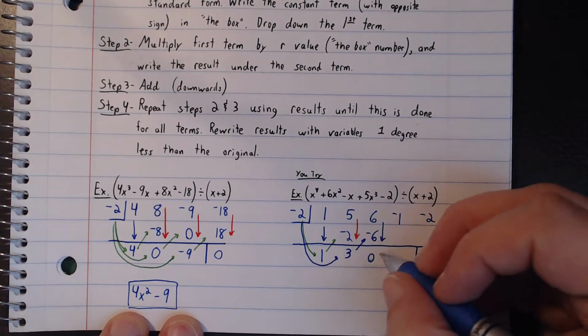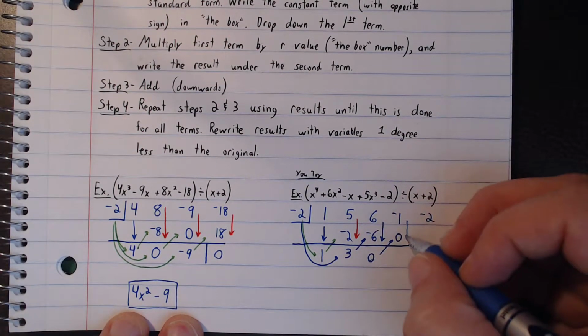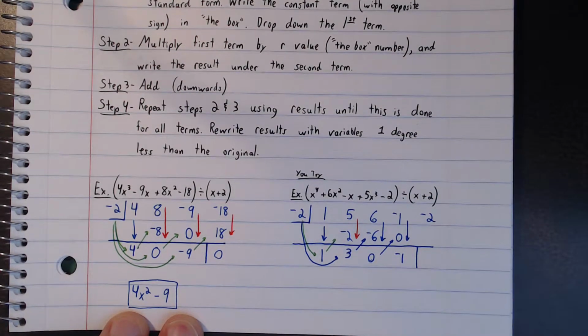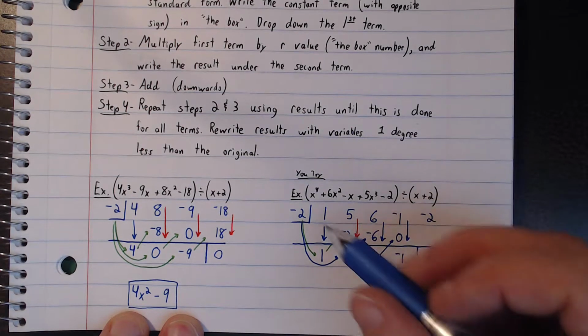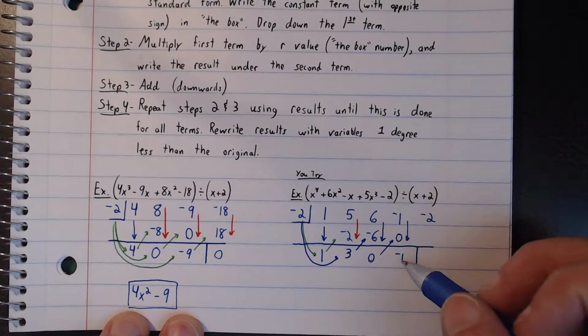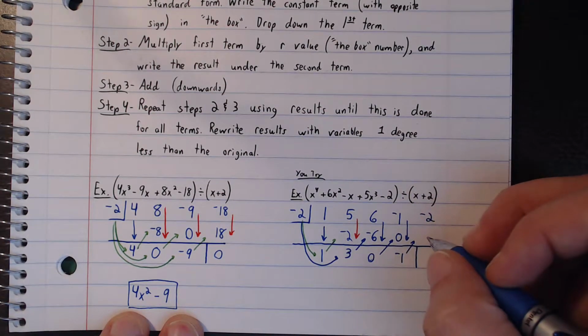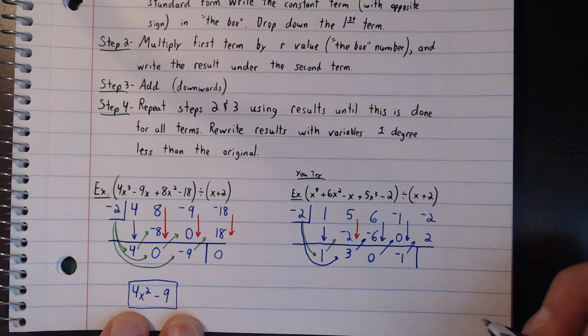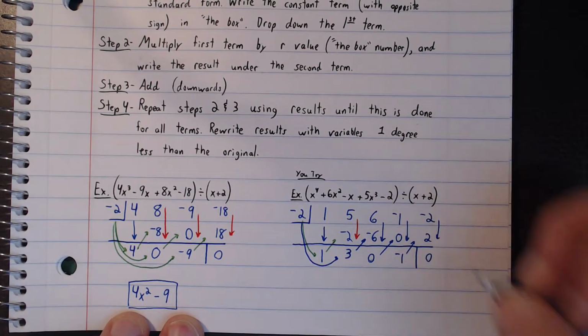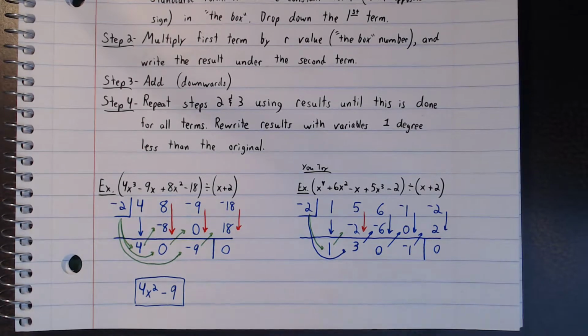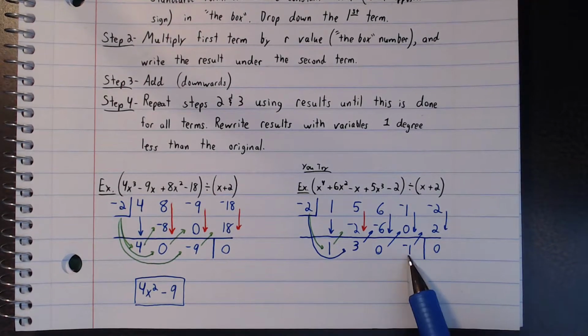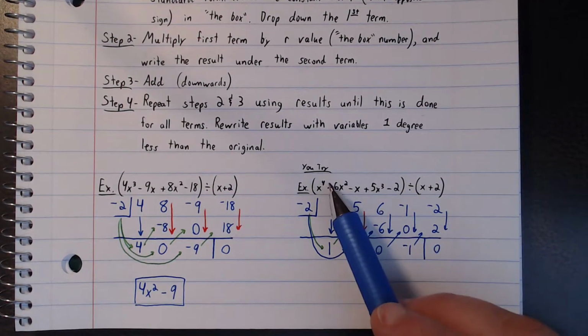-2 times 0, that's 0. Add straight down, we get -1. And then we got one more to go. -2 times -1, that gives us +2. Add straight down, we get 0. So hopefully we got all of these numbers. What we want to do next, we had x to the 4th.